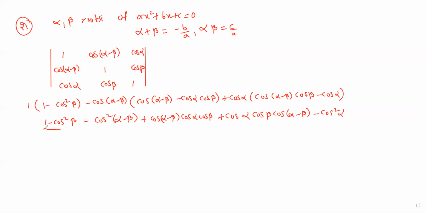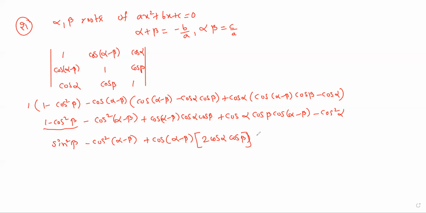Now this is 1 minus cos square beta, we can write sin square beta. And this is minus cos square of alpha minus beta. By taking common, which one can we take common here? Cos of alpha minus beta we will take common. Remaining: cos alpha cos beta plus cos alpha cos beta, total 2 cos alpha cos beta we will get.